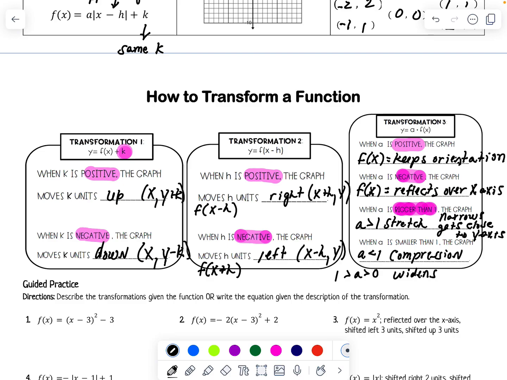It widens and gets closer to the x-axis.